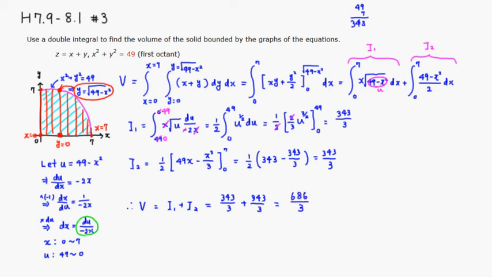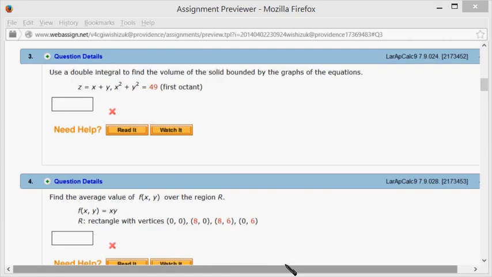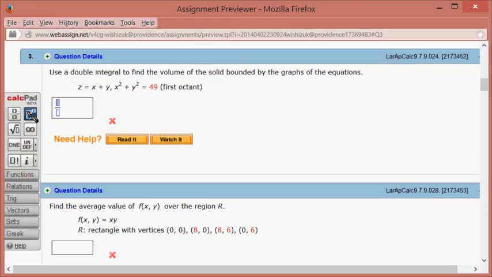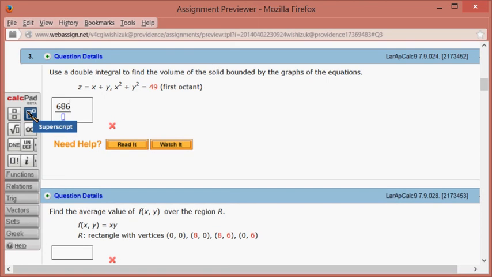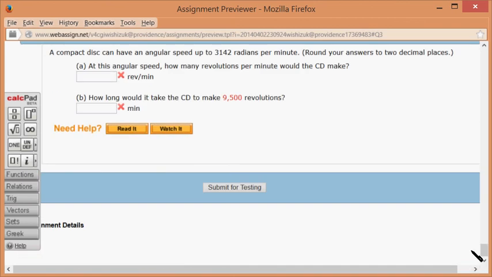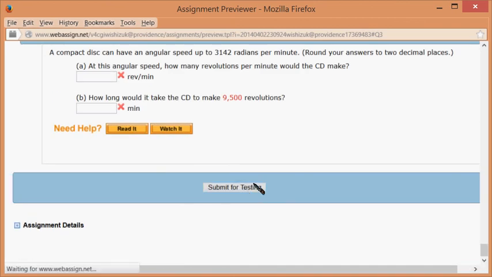So that's the volume of the solid that we're looking at. All right, so let's double check. The answer we got was, say fraction, 686 over 3. All right, let's submit for testing.